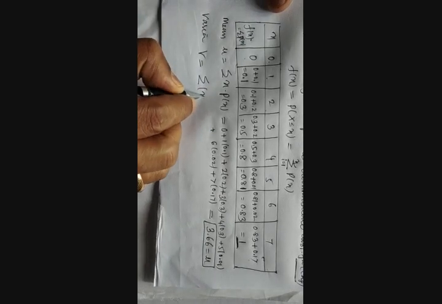Similarly, we can go for variance also. What is variance V? It is the summation of x minus mu the whole square into p of x. Here x is from the table, p of x is from the table, and mu is the mean.